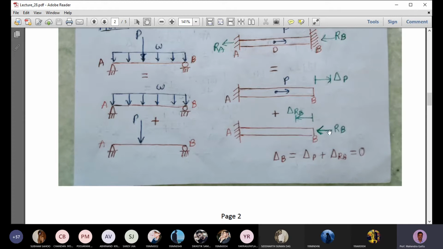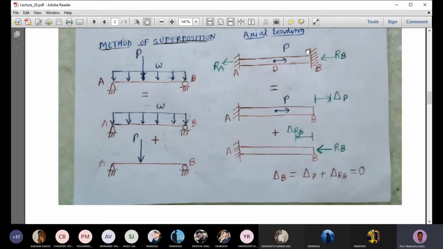We apply that compressive load at point B, and because of that the bar will shorten by a small amount delta RB. So this problem is split into two smaller, simpler problems. We can analyze this problem and find the deflection delta P, and analyze the other and find the deflection delta RB.